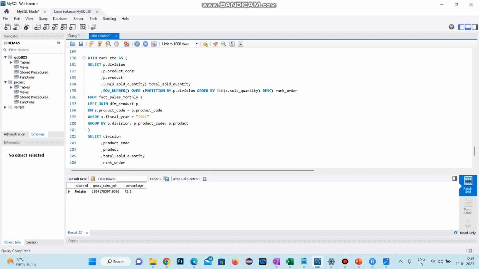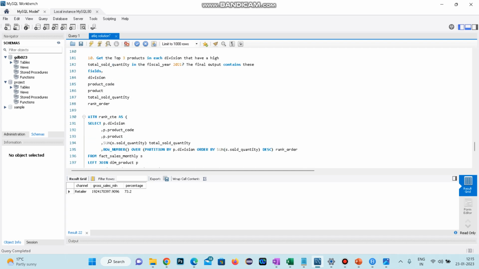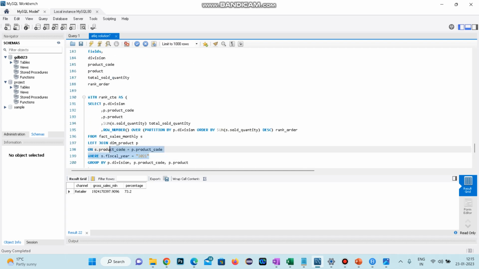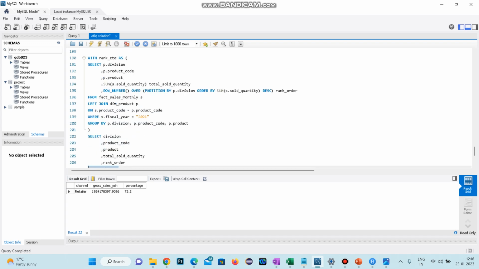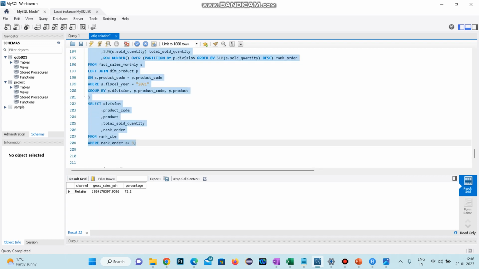We are grouping by division, product code and product so that we get it for each division, and we want this data for year 2021 only, so we are filtering in the where condition. After that we are selecting the required columns and giving the condition where rank order is less than or equal to 3 because we want the top 3 products for each division.